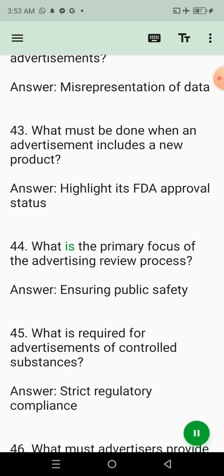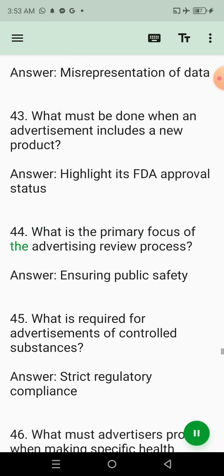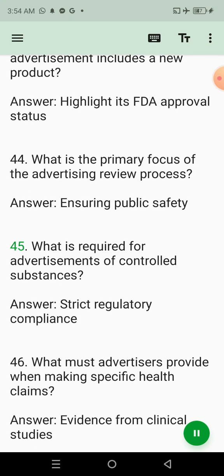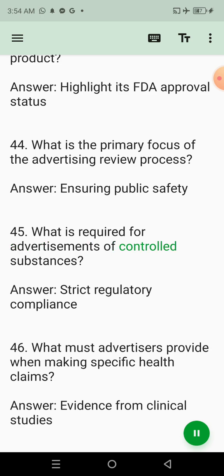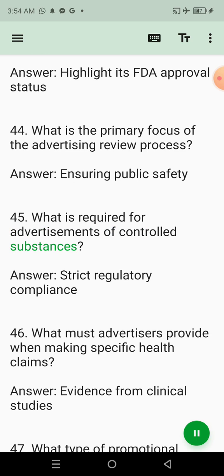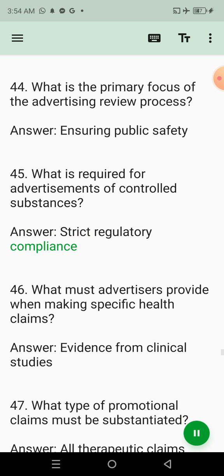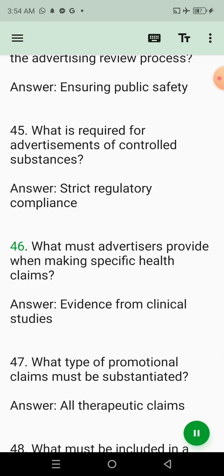44. What is the primary focus of the advertising review process? Answer. Ensuring public safety. 45. What is required for advertisements of controlled substances? Answer. Strict regulatory compliance. 46.